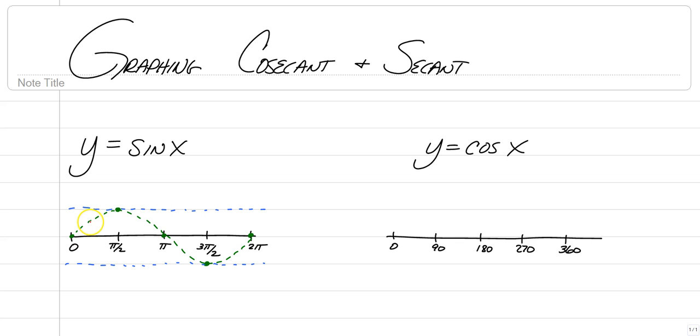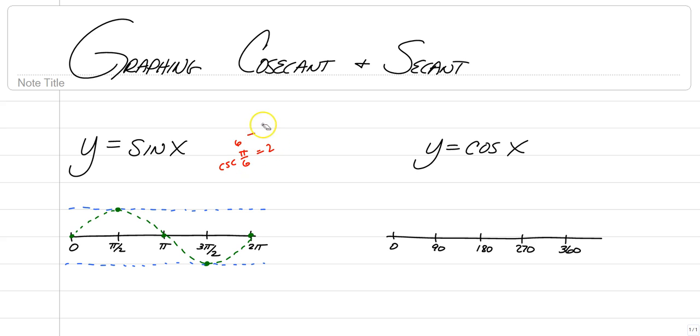If we take the reciprocal of that, we get a number bigger than 1, root 2. What about the sine of pi over 6? The sine of pi over 6 is 1/2, so the cosecant of pi over 6 is 2.